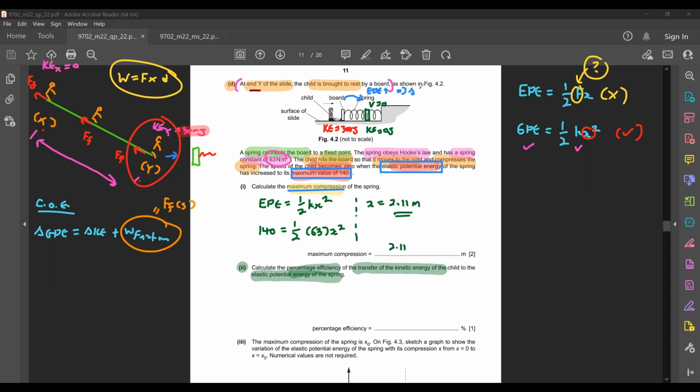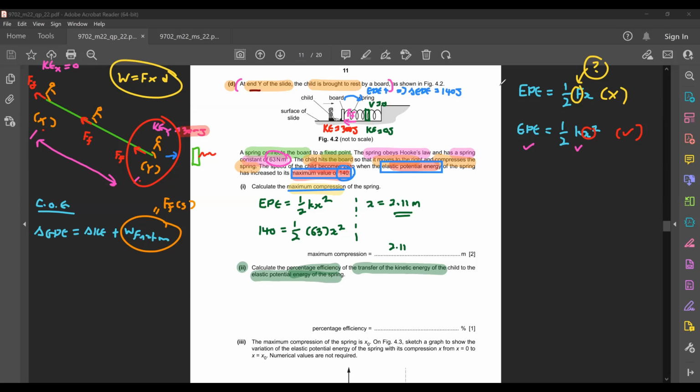The change in your EPE here was from 0 to a maximum value of 140 joules. So your change in EPE here is actually 140 joules. Okay. Now, you also have to consider that when the child was moving towards the right, compressing the spring, there is also frictional force opposing the motion of the child.